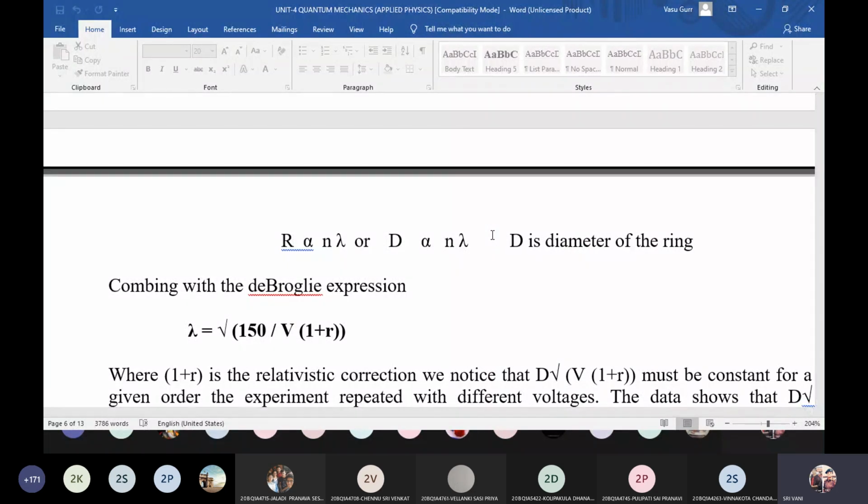In the present experiment, there is a certain change in that because we got the radius of the rings R. So now in this experiment, the result images are in the form of rings. So the diameter of the ring depends upon the wavelength of the matter waves, that is lambda. D is proportional to lambda.